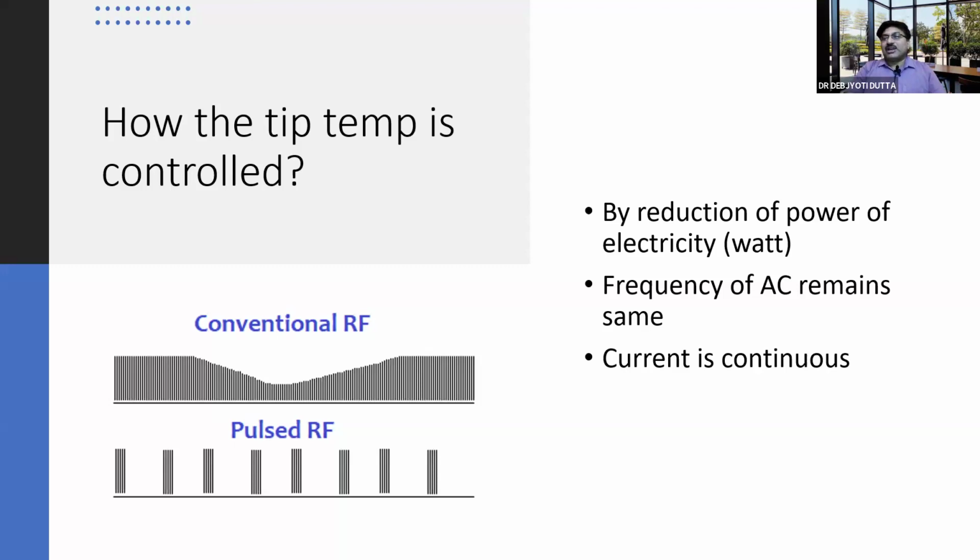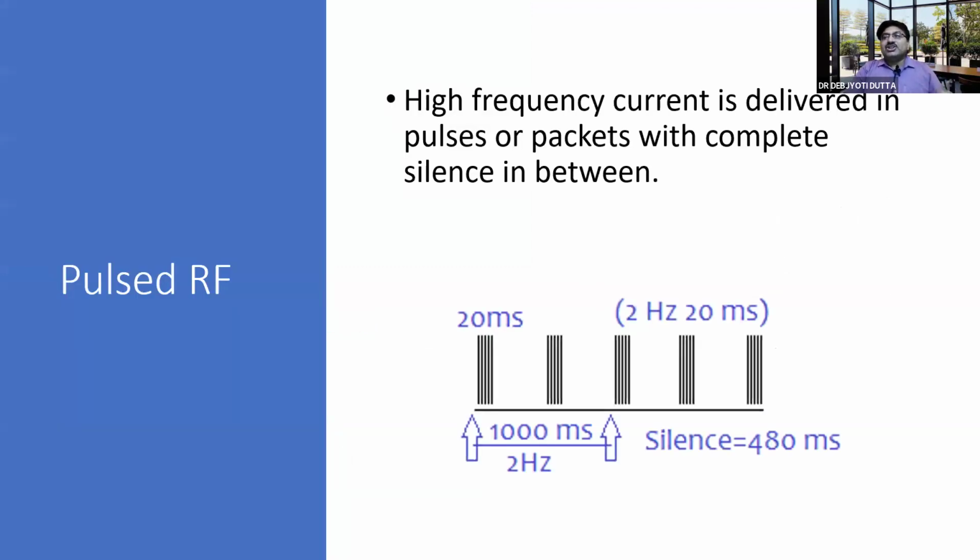That is the concept of pulsed radio frequency. This invention happened when scientists saw that in certain conditions, even at a very low temperature that is not able to produce any ablation, they could reduce the pain. That is why this new modality has been invented. So in pulsed radio frequency, if we use a pulsed mode, this phenomenon will happen.